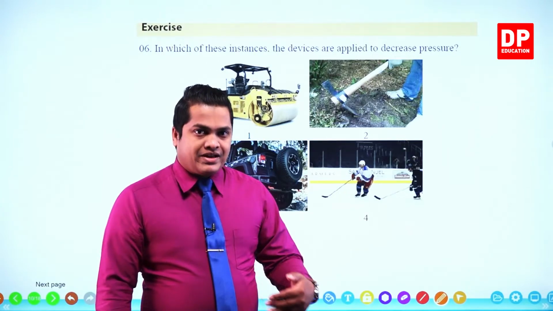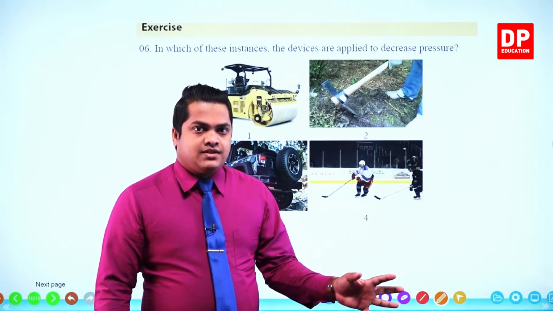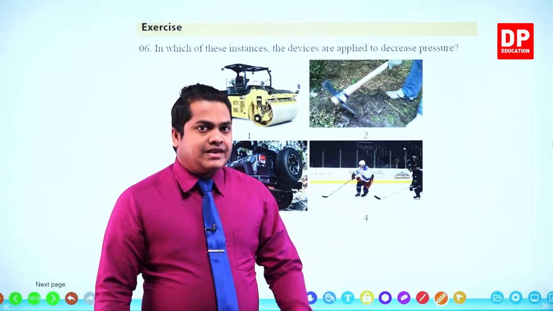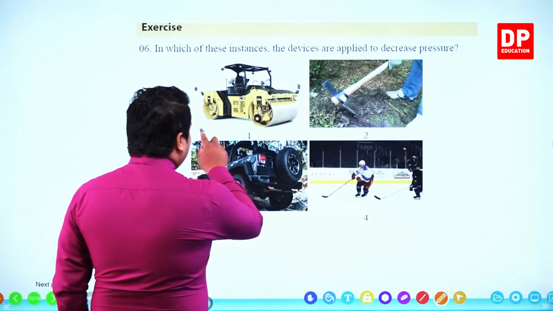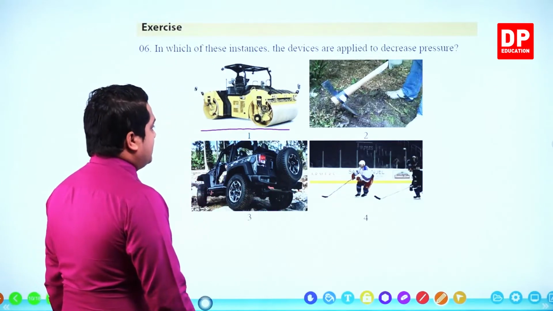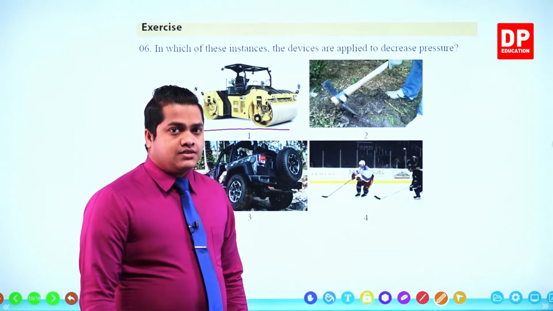It's going to press, only to press the road, but not to sink. So the pressure is decreased heavily within the first answer.